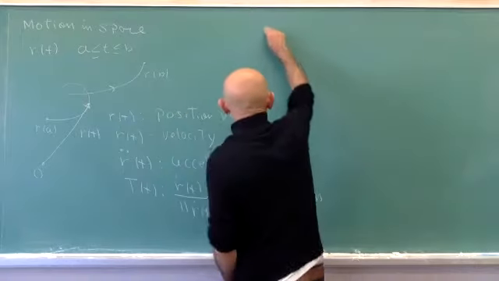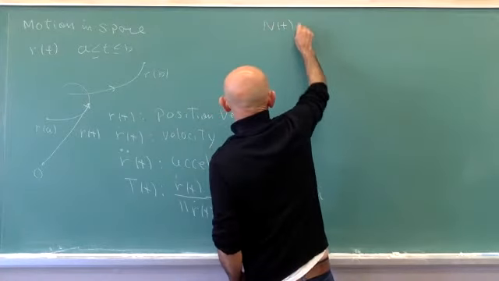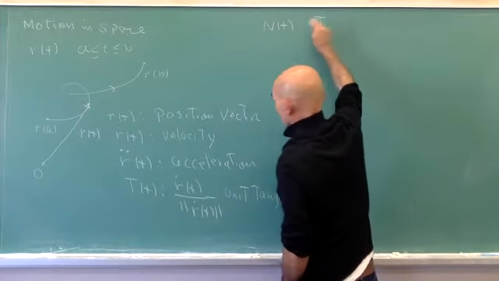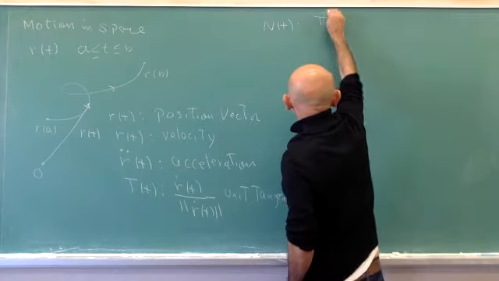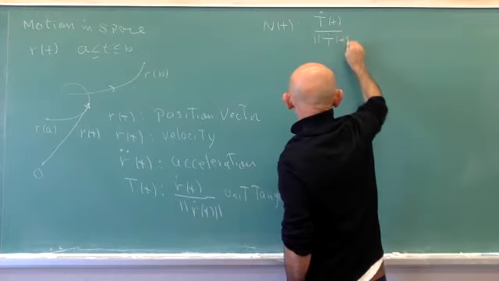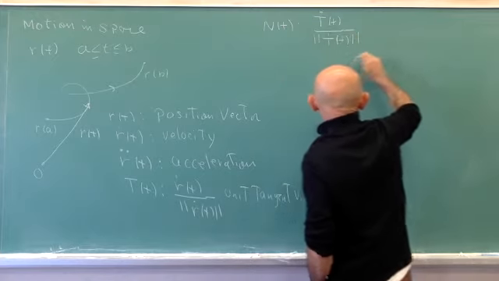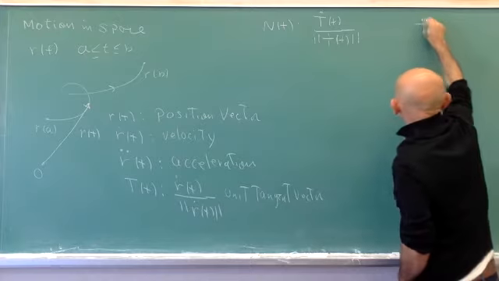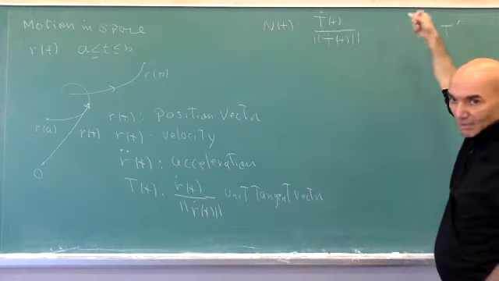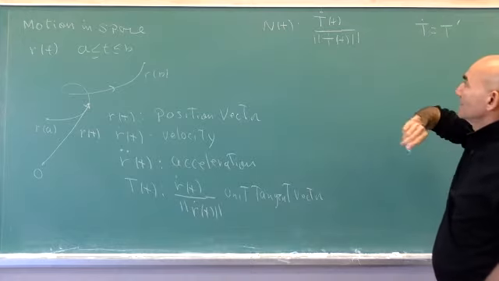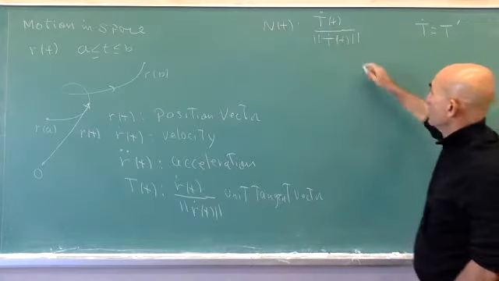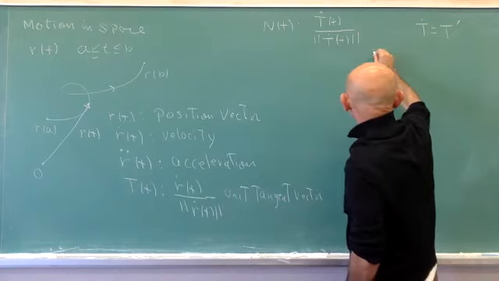This is just T prime of t, or T dot of t, divided by the norm of T dot of t. When I write T dot, I'm using Newton's notation, but this really means T prime. Maybe I used T prime before, but it's the same thing. You can put a dot, or there is also a third notation, which is d/dt. Anyhow, this is the normal vector, or unit normal.